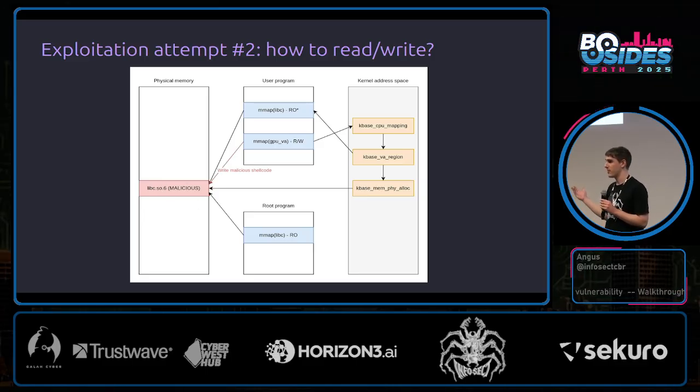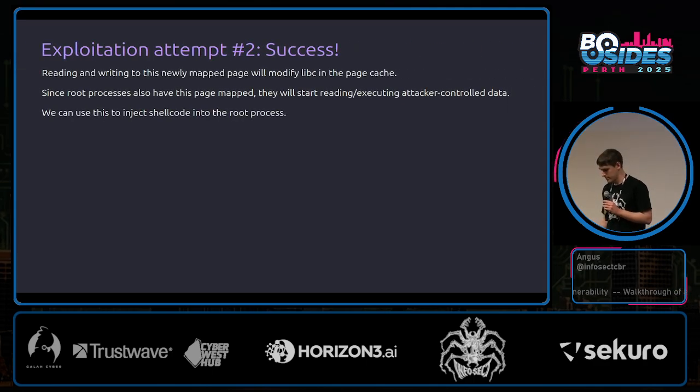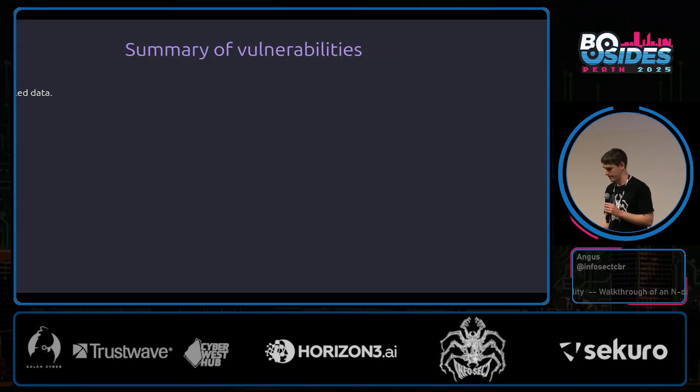So we can use this to pivot into root processes and do whatever we want. Reading and writing to our new libc map page will modify libc in the page cache, which allows us to control what data root-owned processes will execute.